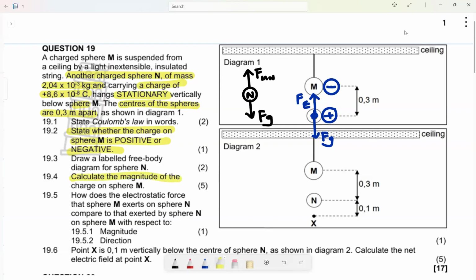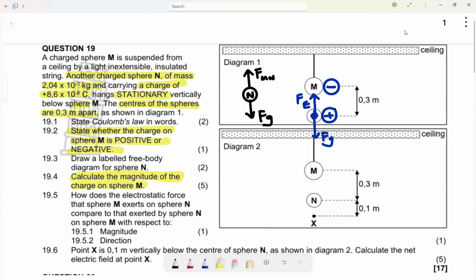Calculate the magnitude of the charge on sphere M. How can you do that? Remember I said Fe should equal Fg in this case.